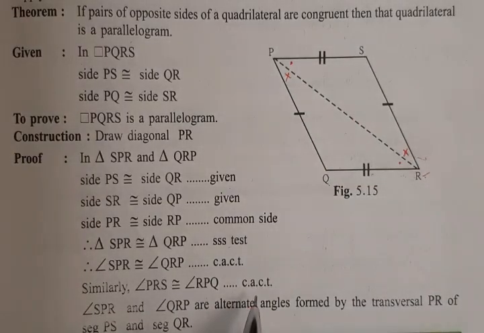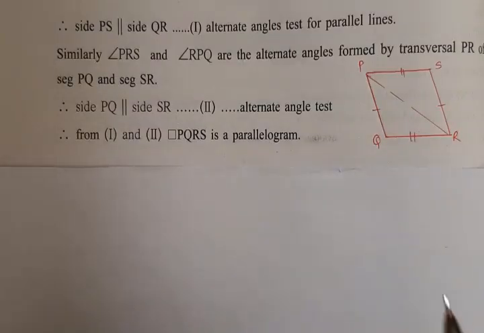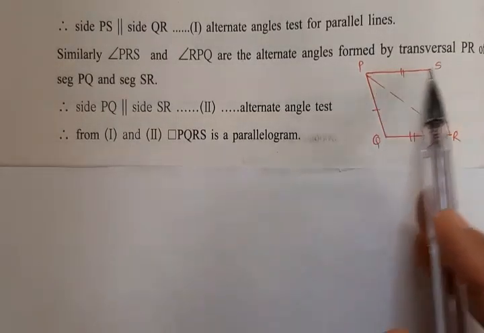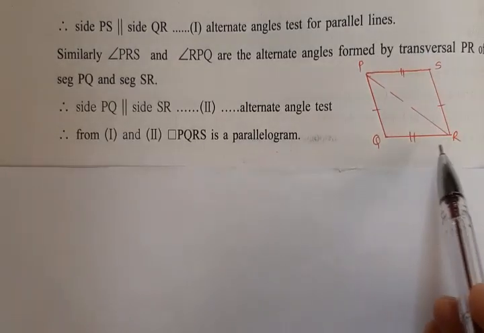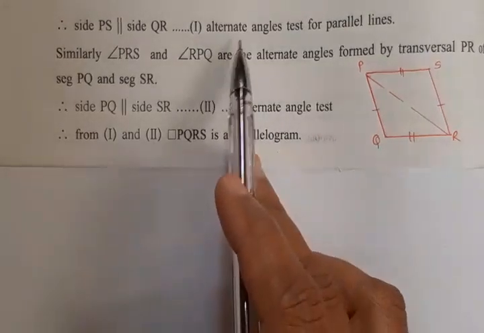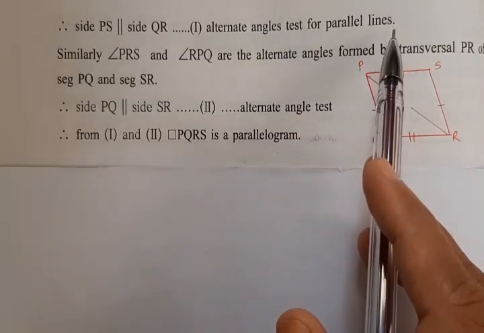Again, corresponding angles of congruent triangles. So here angle SPR and angle QRP are alternate angles formed by the transversal PR of segments PS and QR. If these angles are congruent, that means side PS is parallel to side QR, because this is nothing but the alternate angle test for parallel lines.